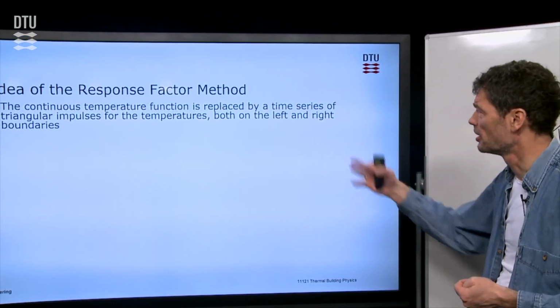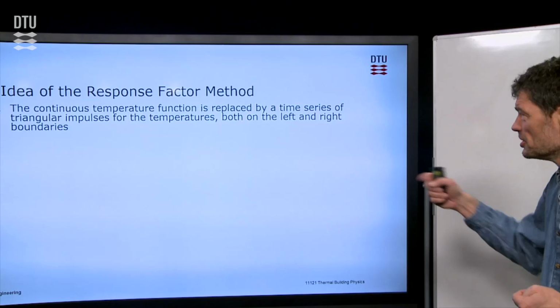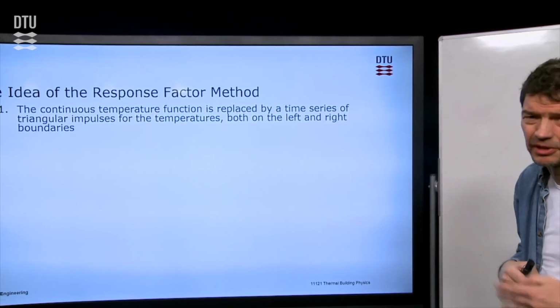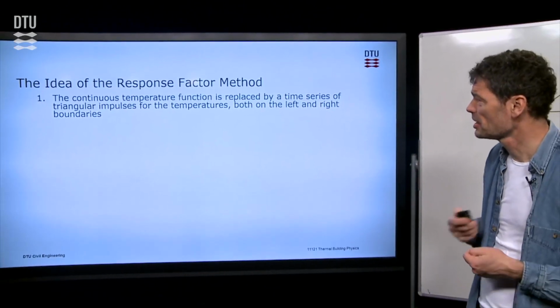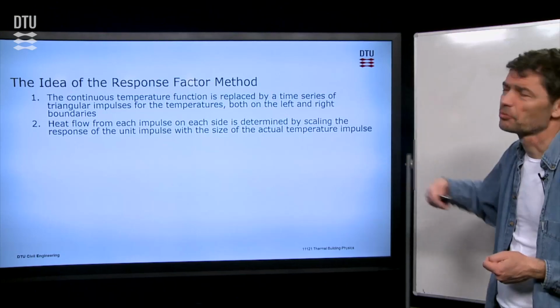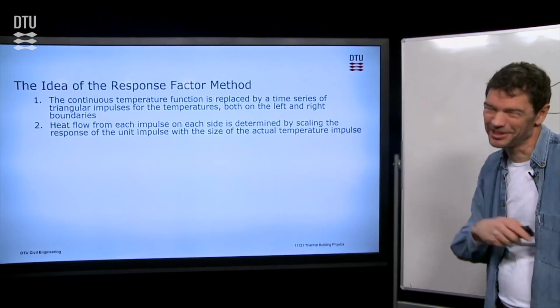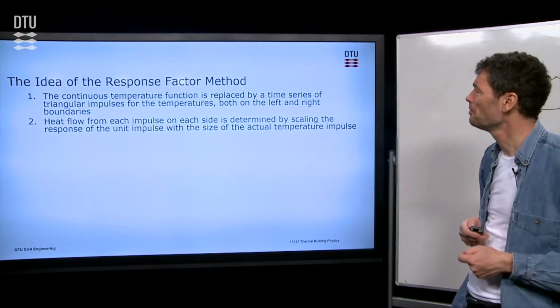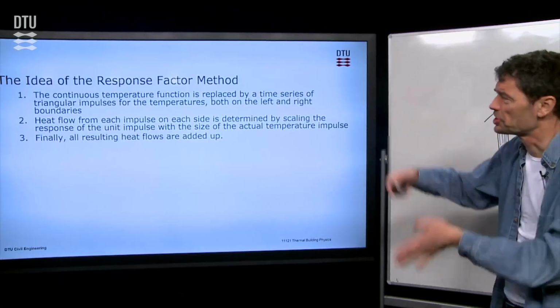So the idea is that we use these time series of impulses and response factors on those sides of the walls. Then we can find the heat flows going in and out and how that influences our rooms and so forth.